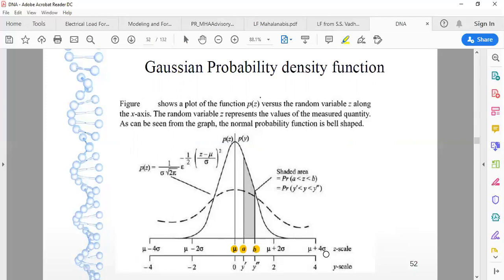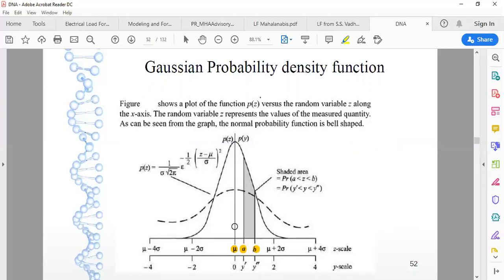Hence, we can say that if a measurement meter offers a larger standard deviation, it results in a less stiff curve. The curve will be stiffer if the standard deviation is smaller. So if we have another curve which lies from mu minus 1 sigma to mu plus 1 sigma, it will be more stiff compared to this also.